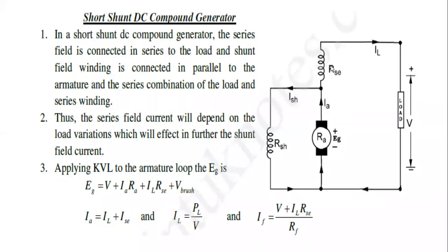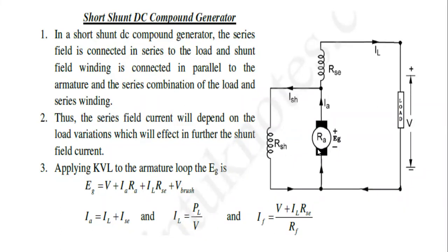This is the series field winding and this is the shunt field winding. This is the armature of a DC generator, this is the series resistance and this is the shunt resistance of a DC generator.